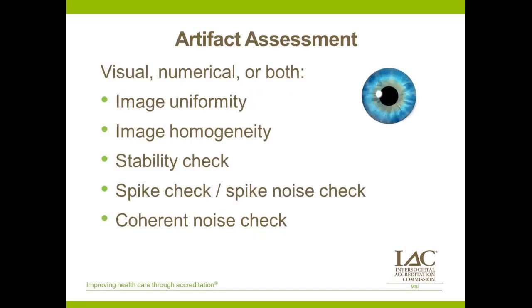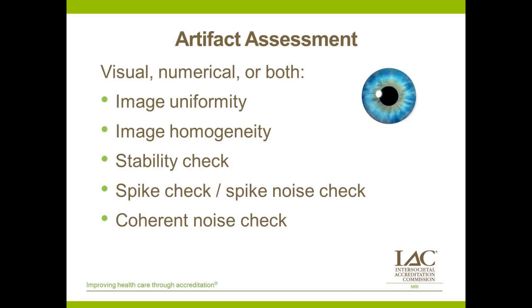Okay, artifact assessment is a big one. There are a number of different ways to do an artifact assessment. One of these is simply to run some scans, observe the images, and look for anything that doesn't belong there. That's a very common one that's done as part of your daily QA. There are also numerical ways to assess artifacts, where you can let the computer crunch on the images and ask, is there anything in the signal that's not supposed to be there?